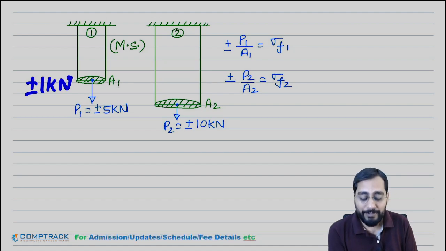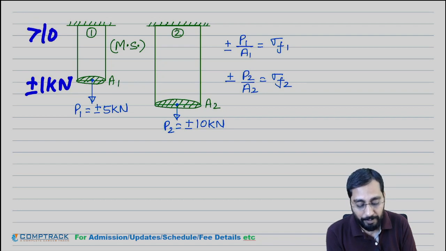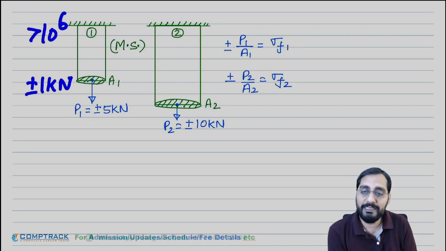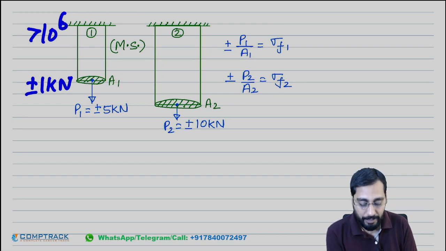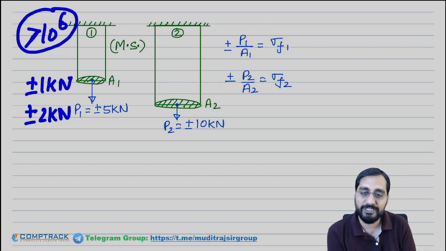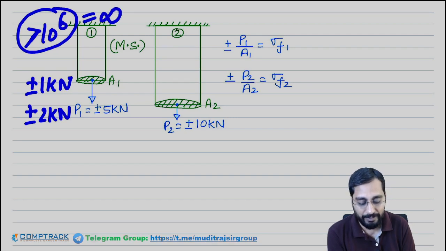Then your number of cycles can be more than 10 to the power 6. It means it will never break at this stress. If you increase the value to 2 kilonewton, again the number of cycles is more than 10 to the power 6. Very high number of cycles, so this will be considered like infinite cycle.